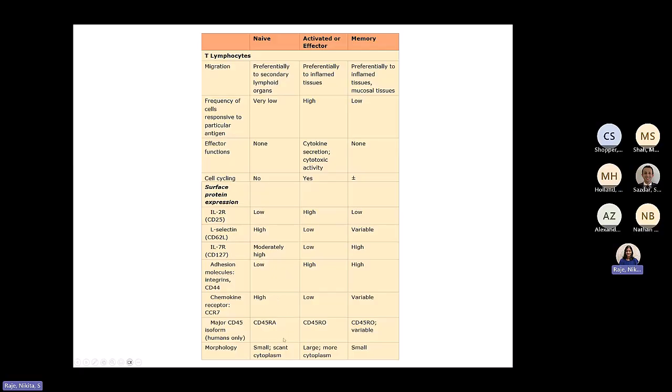So CD45RA positive, CCR7 positive, CD62L positive cells that are CD3 positive, that are T cells, are your naive T cells, versus CD45RO positive cells are your memory T cells.